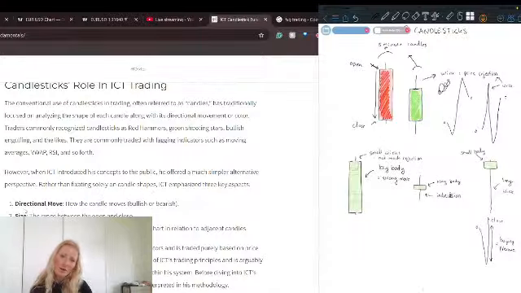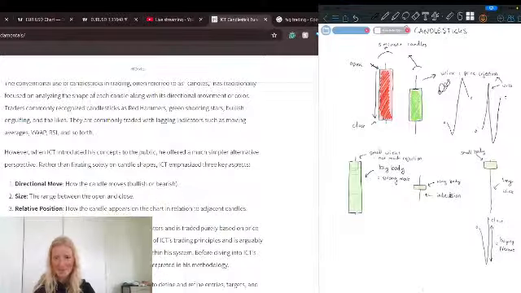We focus on directional move, how the candle moves, bullish or bearish, size, the range between the open and close, and relative position, how the candle appears on the chart in relation to the candles in the context. Okay.